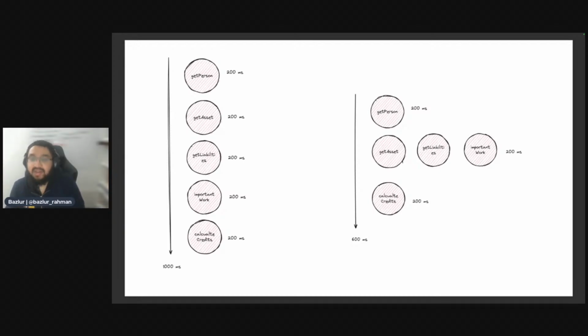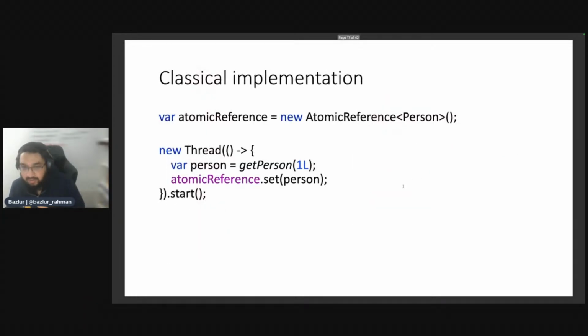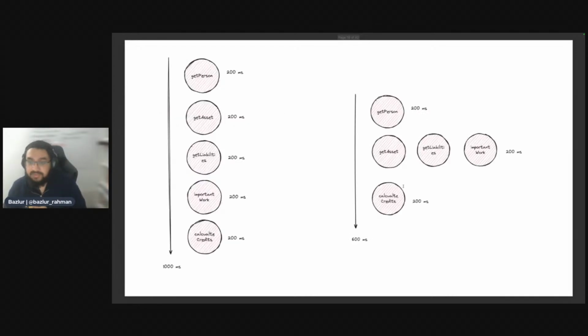In an ideal scenario, all of them can be done in parallel, taking 200 milliseconds, and then we do the next one, which is calculate credits. If we sum up the time duration, it's an improvement of 400 milliseconds.